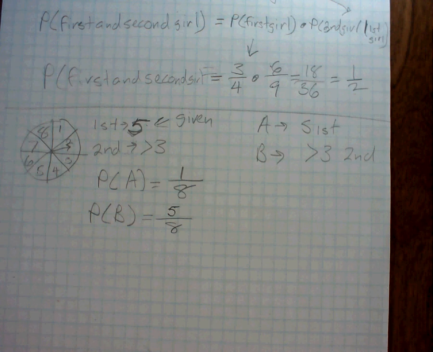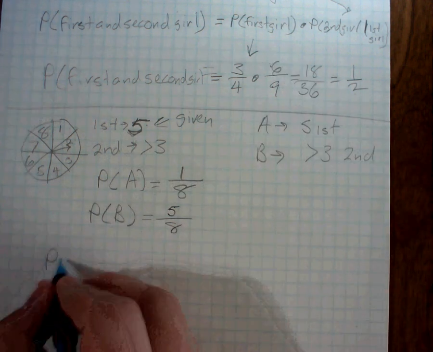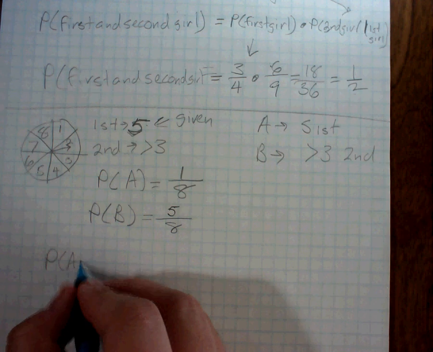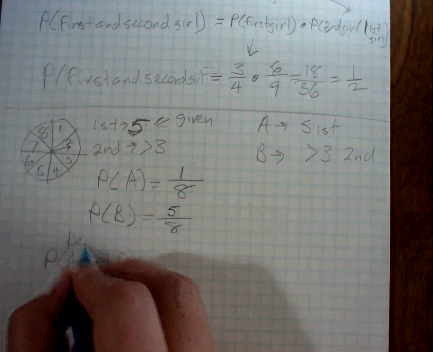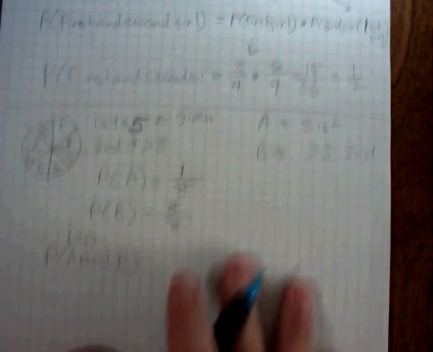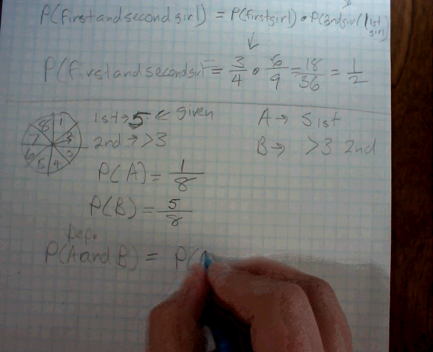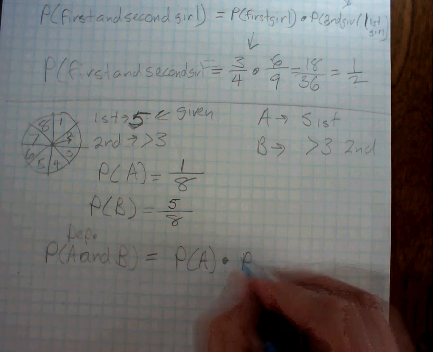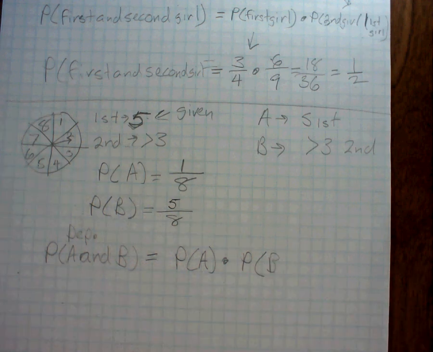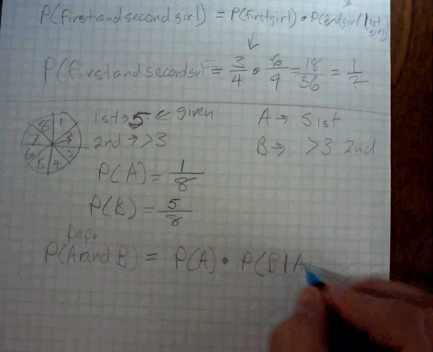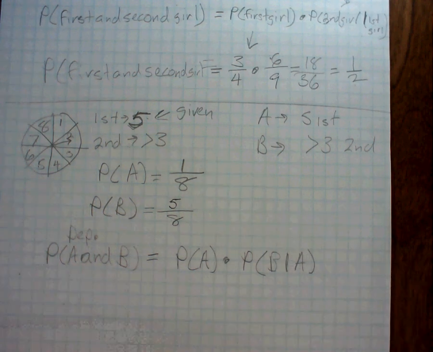So I've got 1, 2, 3, 4, 5 favorable outcomes. Now, according to this example here, because this is dependent, my probability of A and B occurring is equal to the probability of A occurring times the probability of B occurring given that A occurred. Alright. So, are these independent or are they dependent?